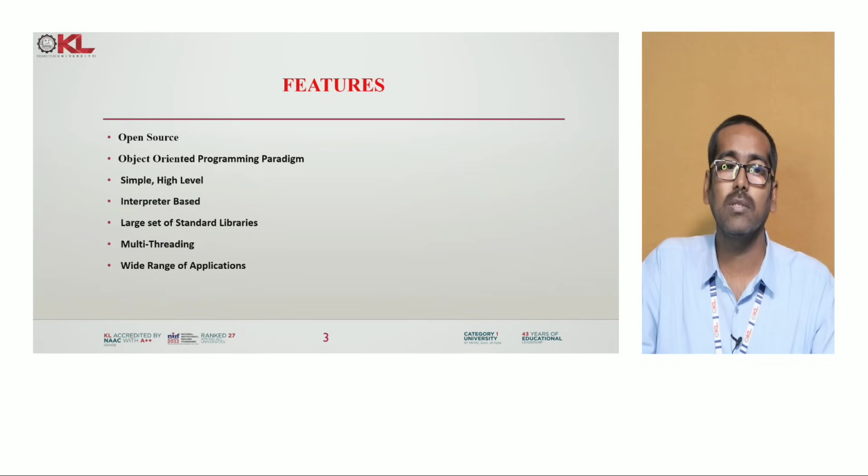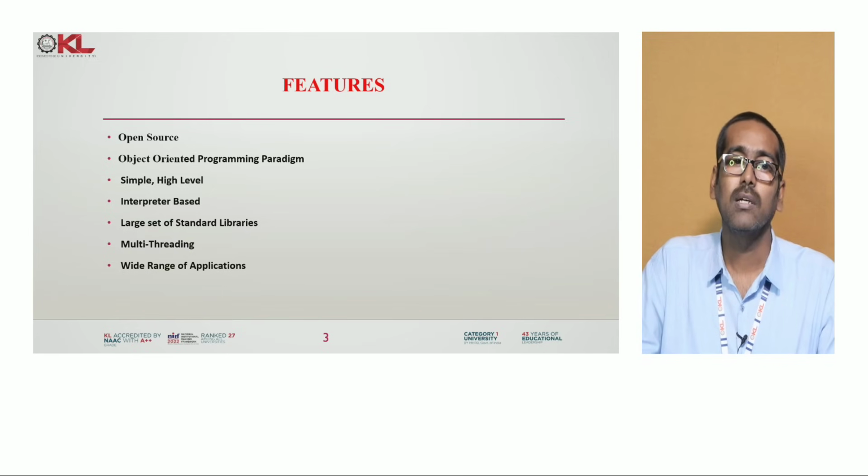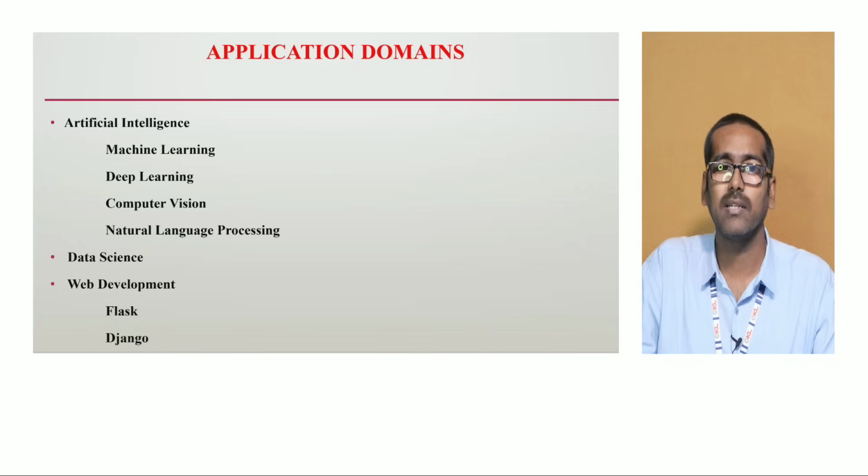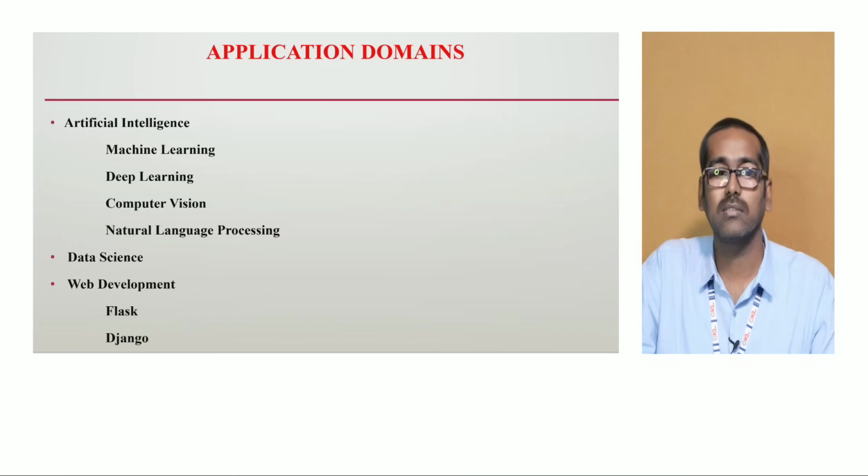After knowing the features, we have to see the application domains that support our Python language. Undoubtedly, the first one is artificial intelligence. Nowadays you can name any technology and it requires underlying Python.